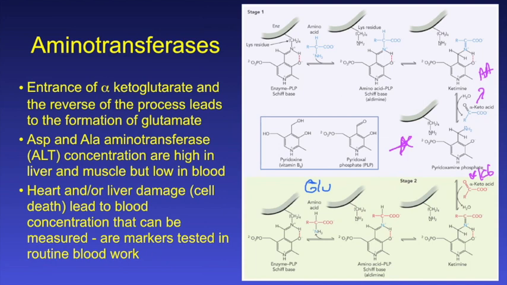Your cells are breaking down, opening up, and putting these into the bloodstream. You should have very little of these in normal healthy blood. So a lot of times if you're looking at liver damage, these are high in the bloodstream, or these are something that you look for if you have a stroke or a heart attack. And they can be monitors of damage to cells or cell death.